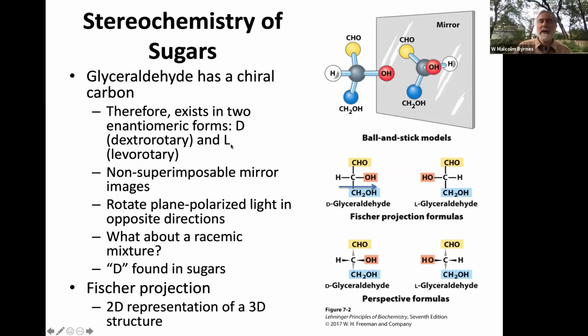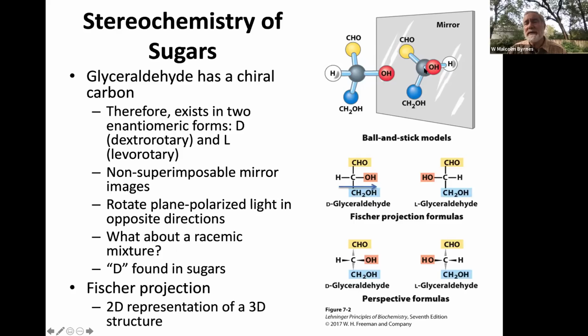Now, of course, if you had a racemic mixture, which contains equal concentrations of the 2 different enantiomers, the net rotation of plane polarized light would be 0. Now we can look at this figure on the upper right, and we can see that one enantiomer is a non-superimposable mirror image of the other one. So we have one of the enantiomers here, shown on the left in the figure, and we see its reflection.